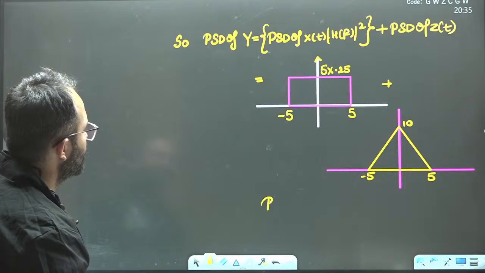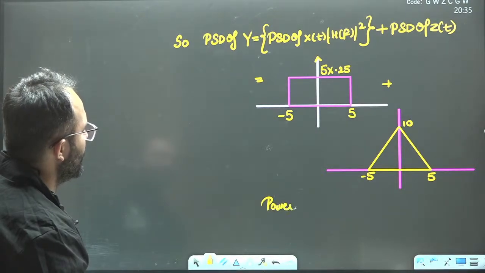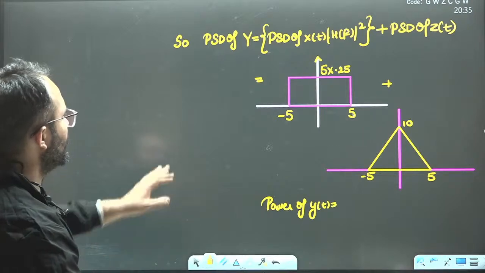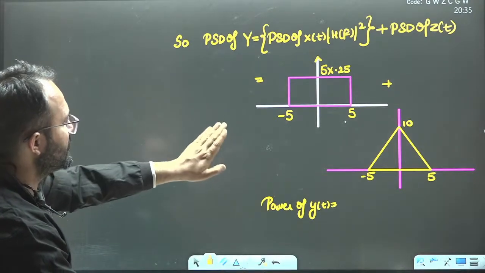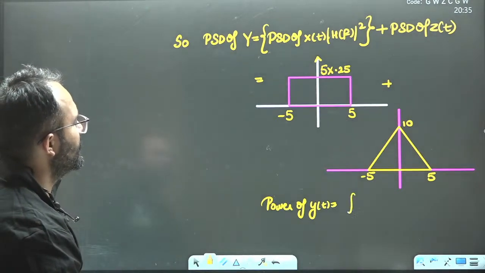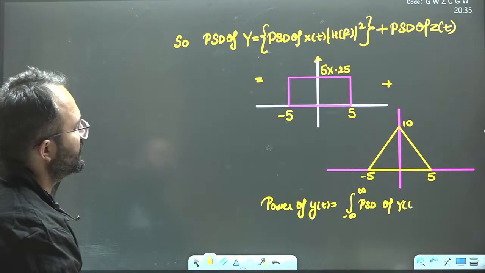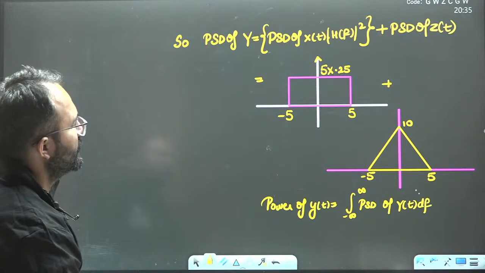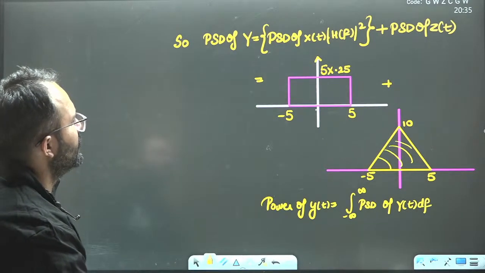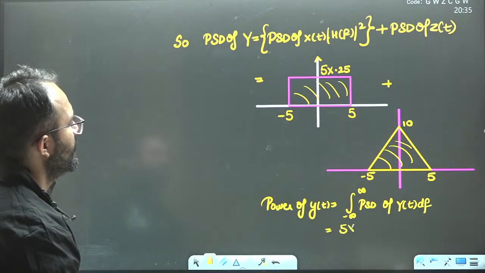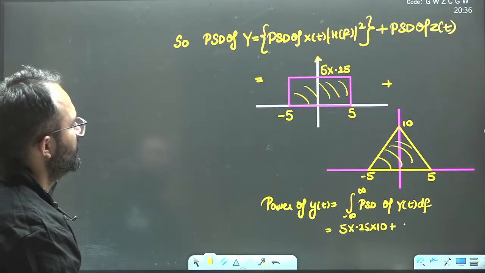We can see that the power of the output, power of y(t), will be, so power spectral density is simply adding these two. Power of y(t) will be the area of these figures, that is 5 into 0.25 into 10, plus the triangle area, half times base times height.